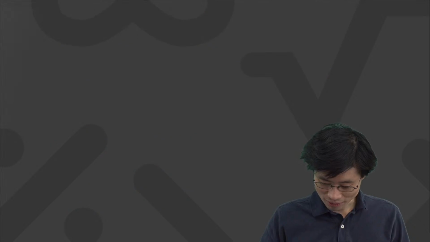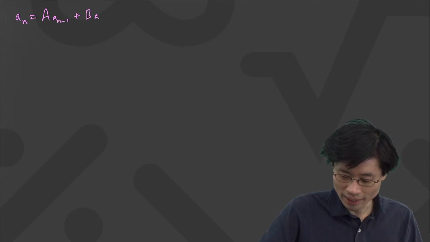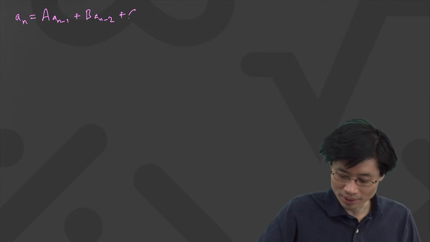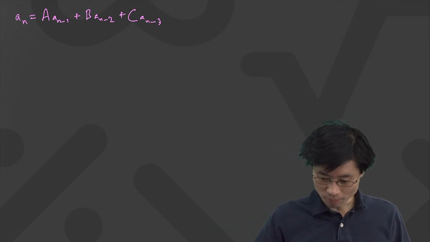Okay? So far, what have we found? What we have found is that for a_n equals capital A times a_{n-1}, plus capital B times a_{n-2}, plus capital C times a_{n-3}, there's going to be some polynomial.